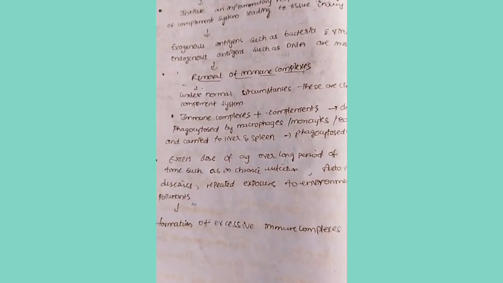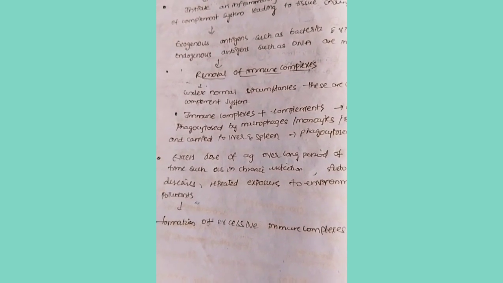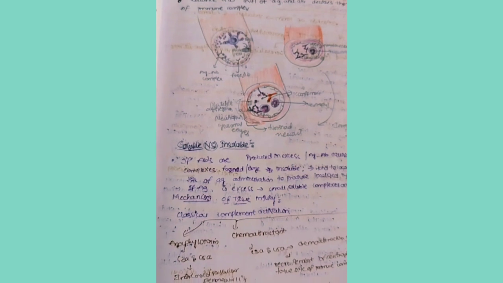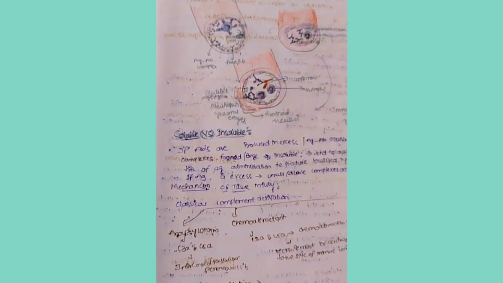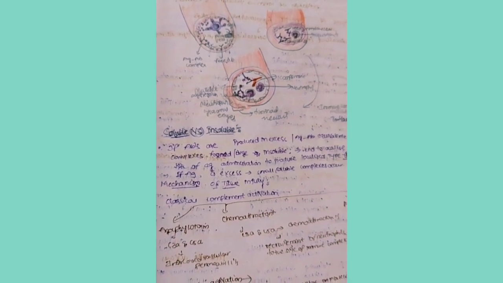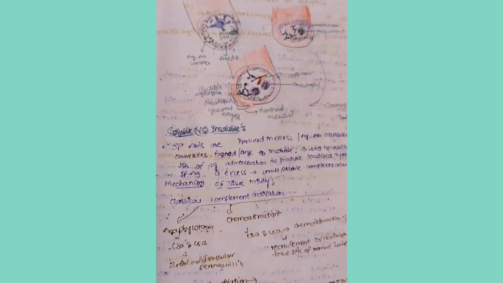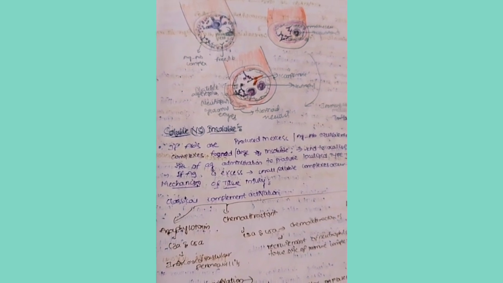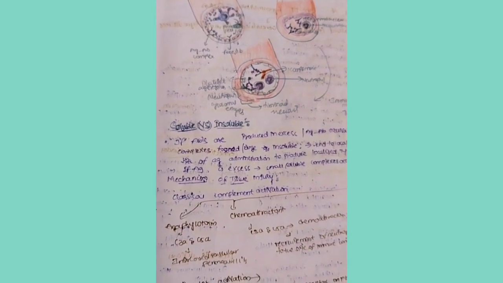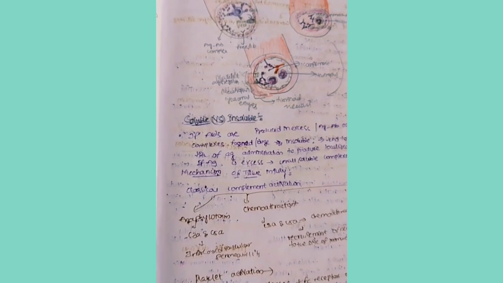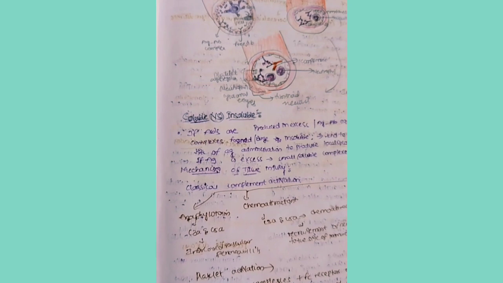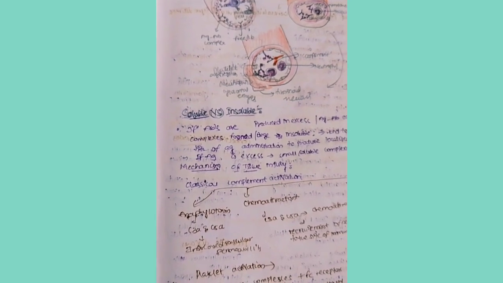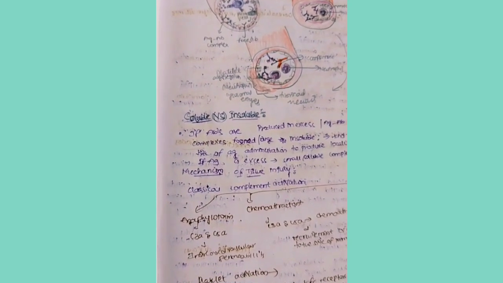So let's discuss the types of immune complexes. There are soluble and insoluble immune complexes. The balance between antigen and antibody decides which type of immune complex is formed.